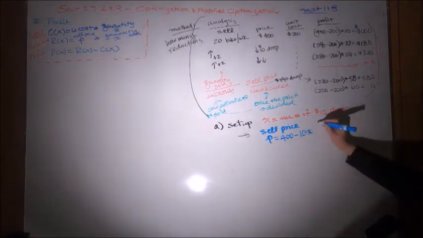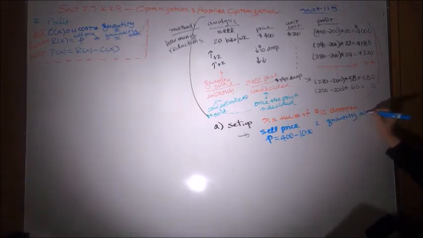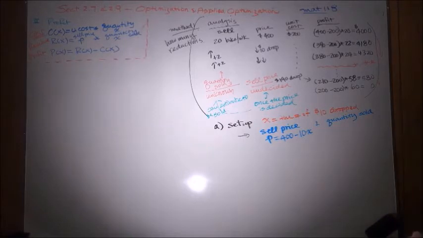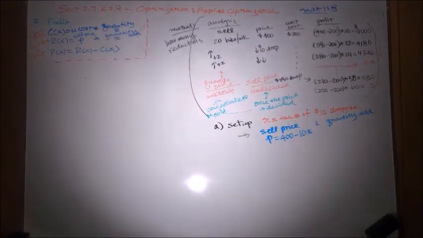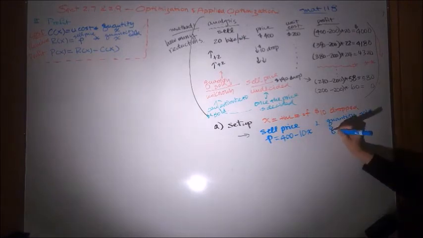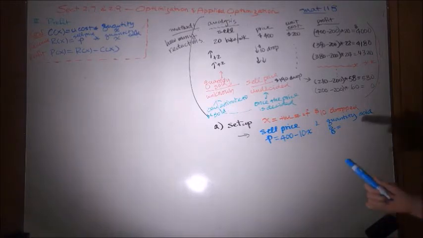Then how about quantity? How many bicycles are you going to sell? It says it was 20 bicycles at the beginning, right? But with each discount you make, you can gain 2 more.